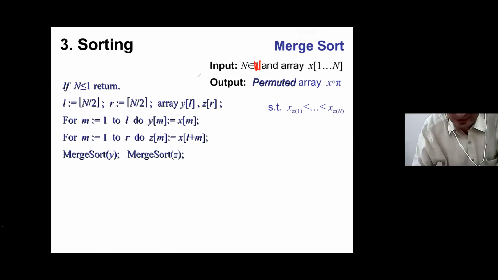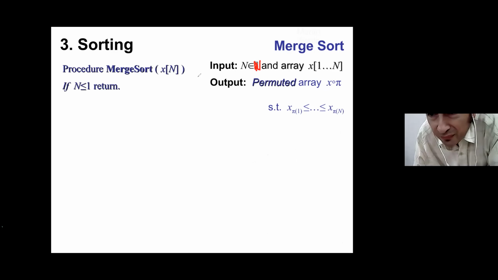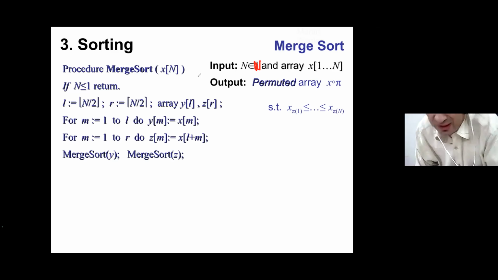I will split my array into two halves. Of course, the length of this array, which is capital N, doesn't need to be an integer, so for n half you have to round up and down, but it should be approximately half of the size.